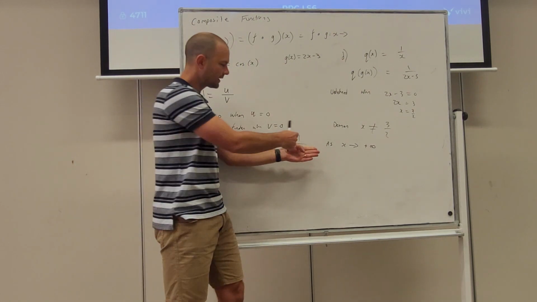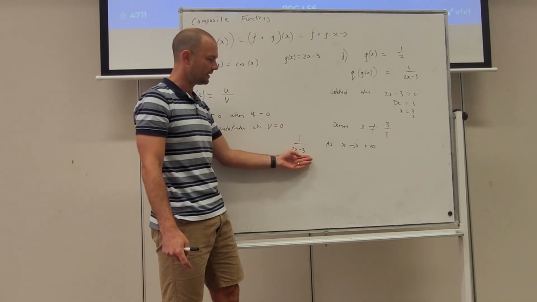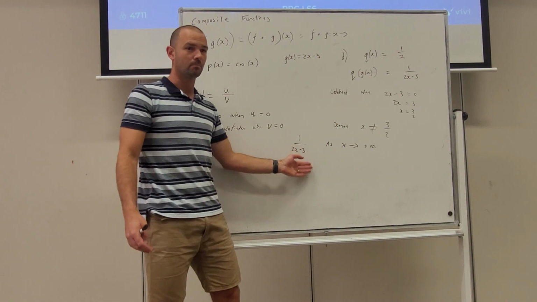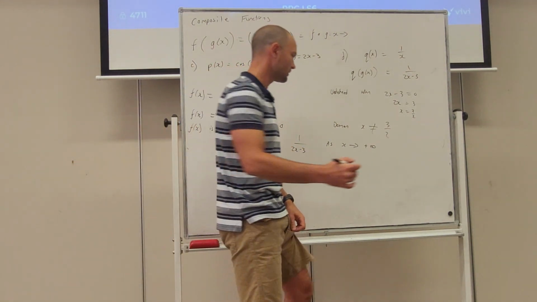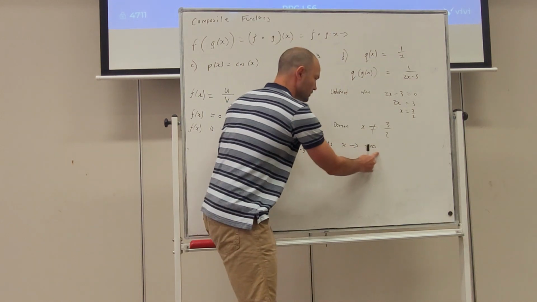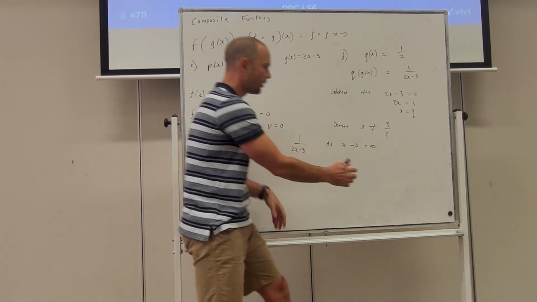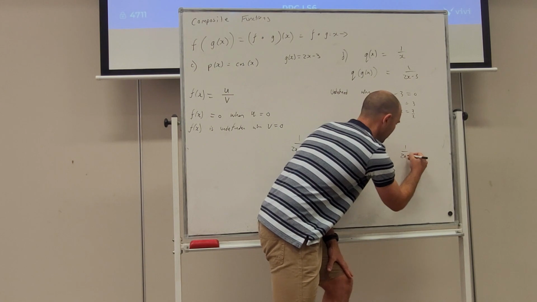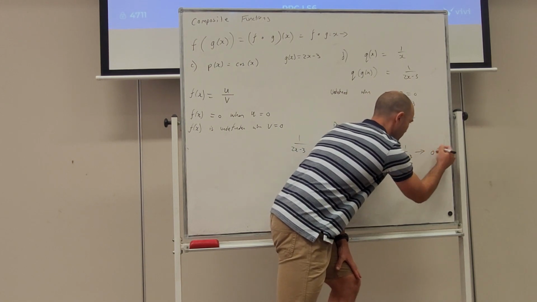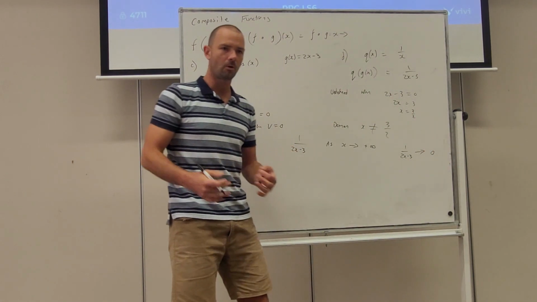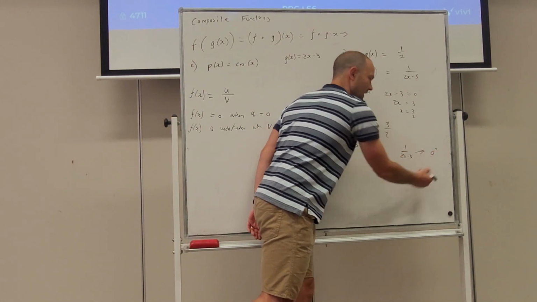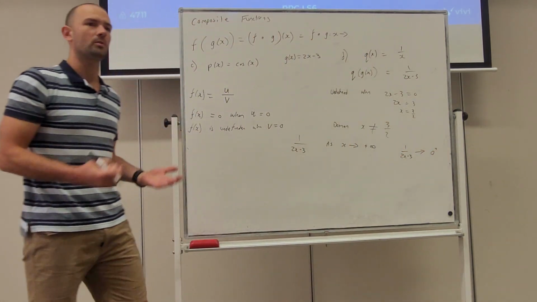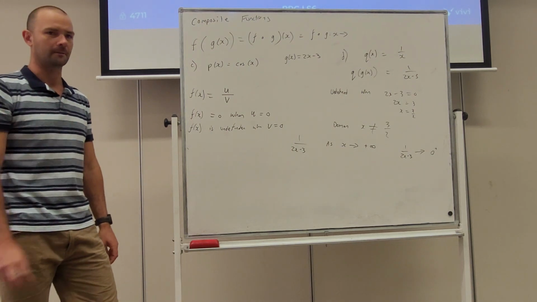So if I have 1k divided by 2 infinity people, everyone gets pretty much nothing, pretty much 0. So as x approaches positive infinity, this component, 1 on 2x take 3, is going to approach 0, but from the positive direction. It's getting close to 0, but it's still positive, a positive almost nothing.